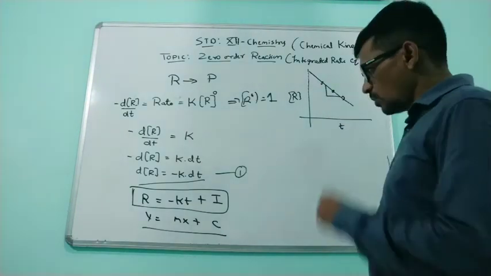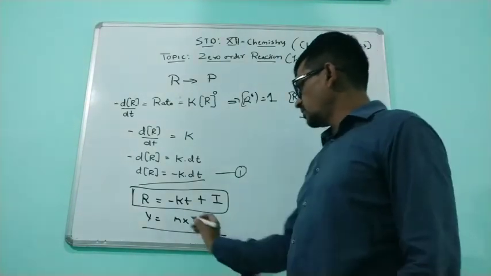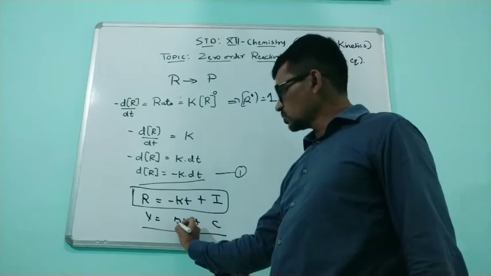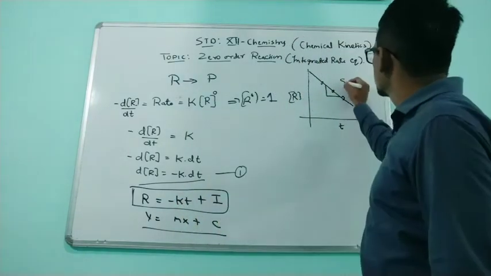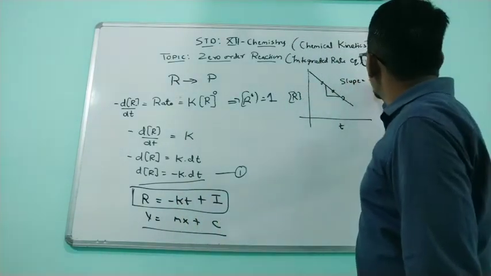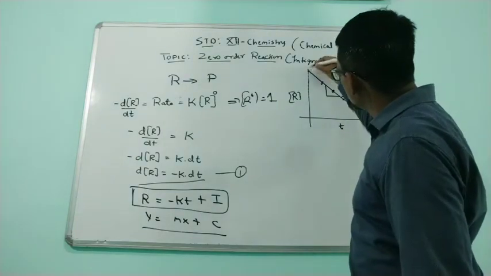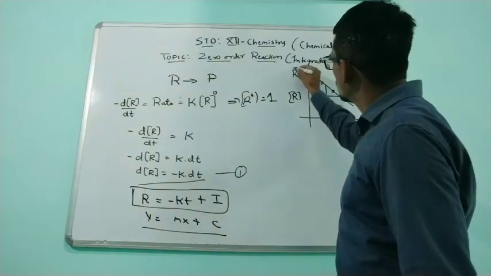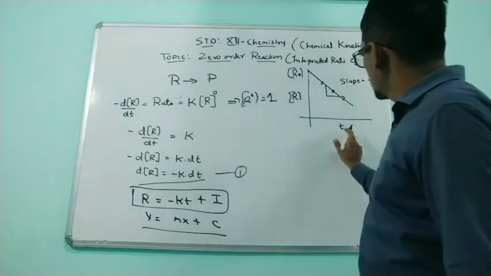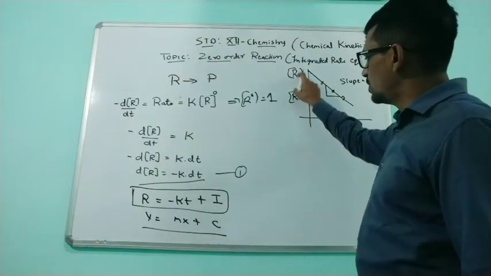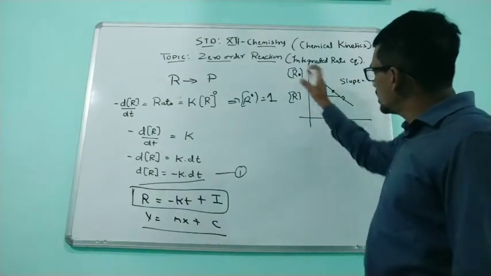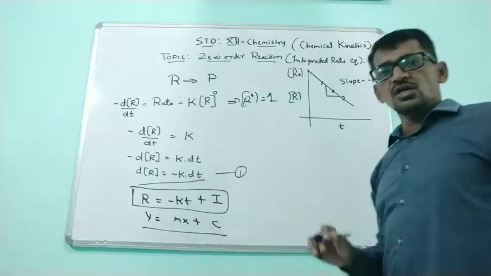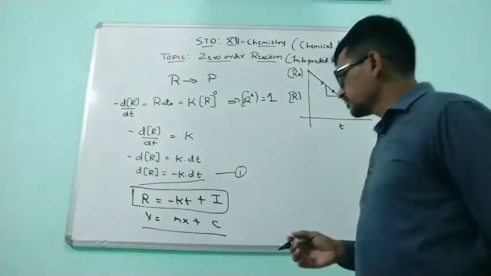If you measure the slope of this line, m is the slope, so it is minus k. Slope is equal to minus k, and the intercept is equal to [R]0, because at time t is equal to 0, [R] is equal to [R]0. So graphically we can measure the initial concentration of the reactant.